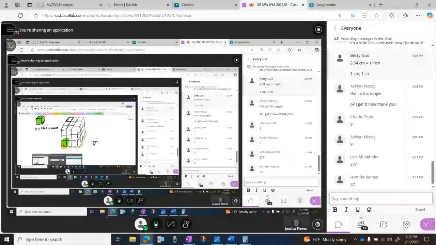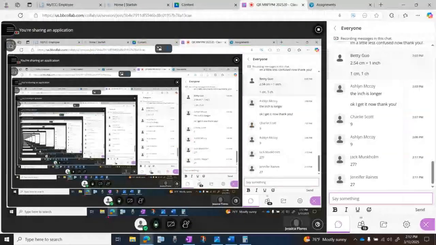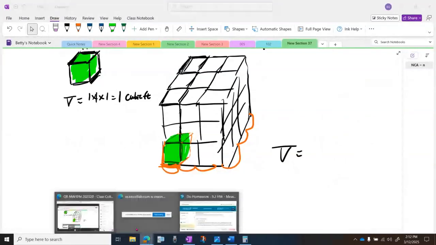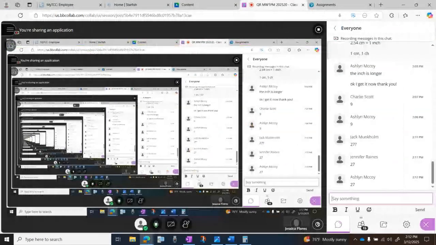Yes, correct. Thank you, Jack. 27. Even just looking at the graph, you can tell. Basically 3 layers. The top layer has 9, the middle layer has 9, the bottom layer has 9. 3 times 9, 27. Yeah, exactly. Thank you, Ashley.